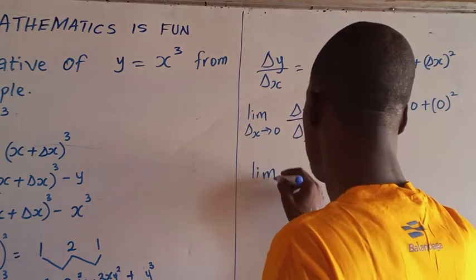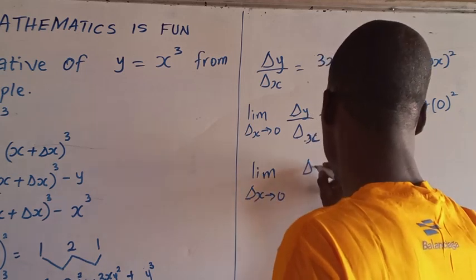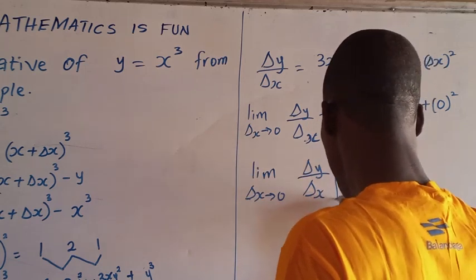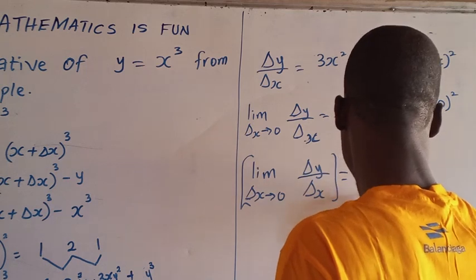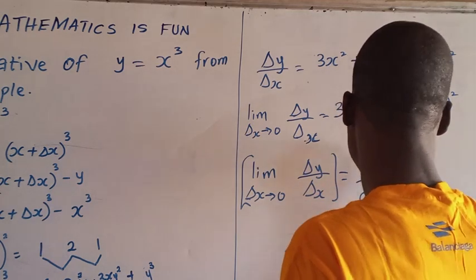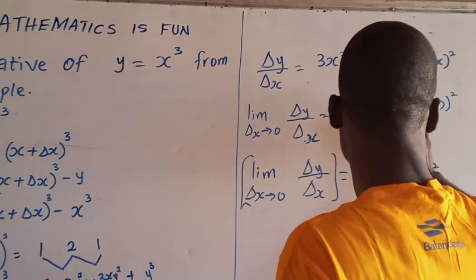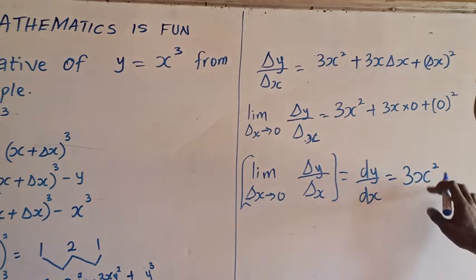The limit as change in x approaches 0 of change in y over change in x is the same thing as dy dx equals 3x squared. This is because 0 times 3x will give us 0, 0 squared is 0. So our dy dx equals 3x squared.